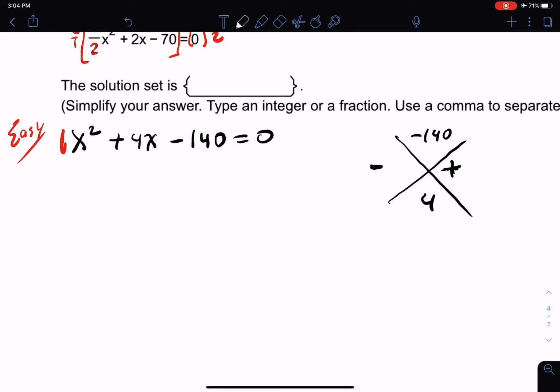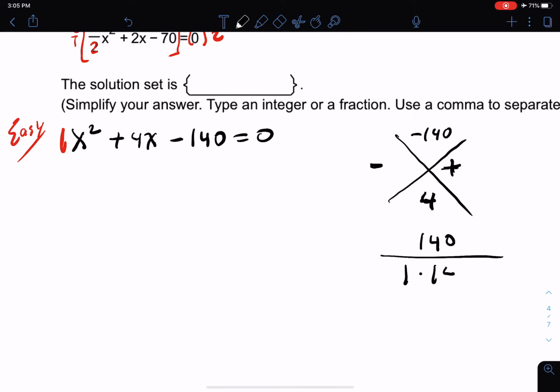We're finding the difference of two numbers to get to 4. Those two numbers have to be kind of close to each other, right? They have to be within 4 of each other for that to happen. Because the difference is 4 really, if you start with 1 times 140, there's no way that's going to have a difference of 4.